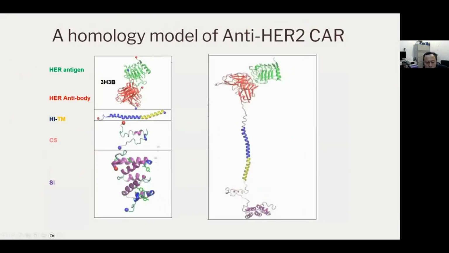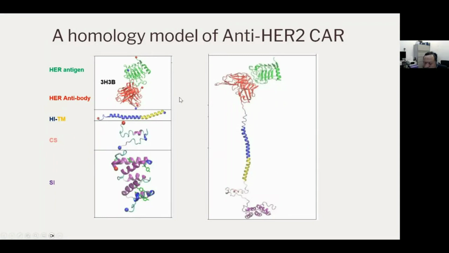So here's what we built. We have the crystal structure we can easily borrow, and for the other parts, we formed a homology model to build this structure. This is our model for this CAR-T, and this is the antigen.